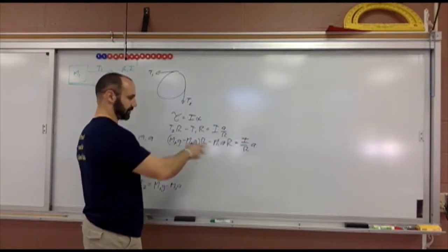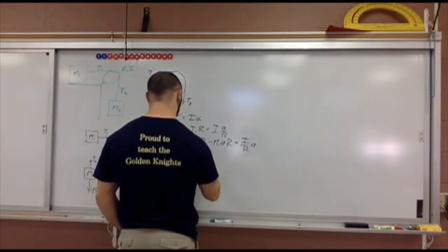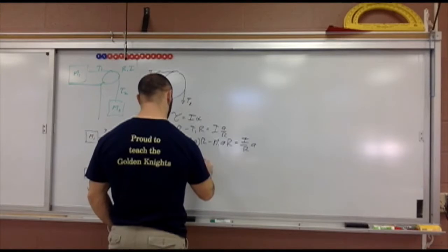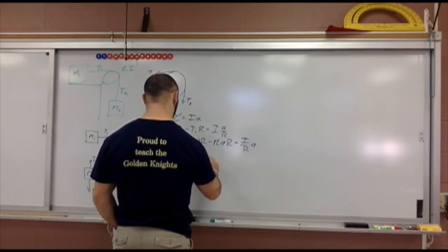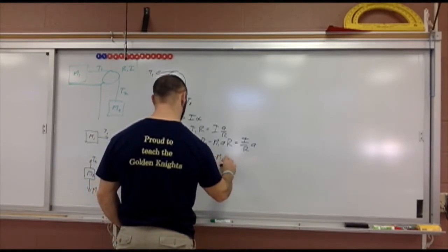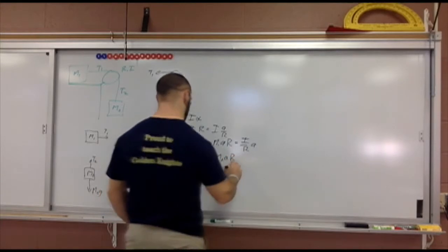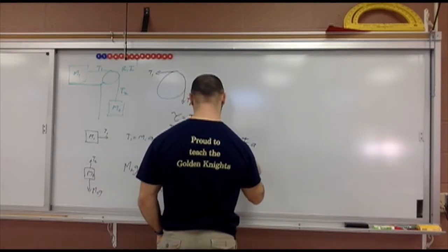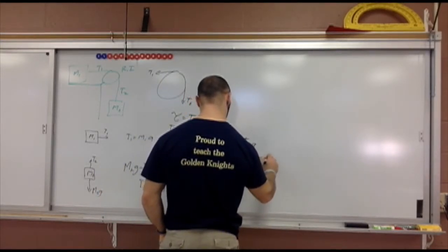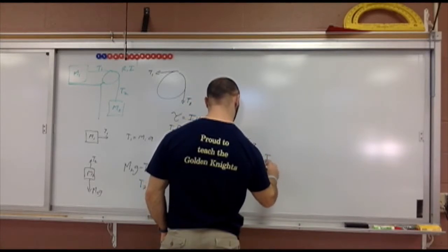So now I have to get everything with A over to one side. So this is going to be M2G R minus M2A R minus M1A R equals I over R times A.